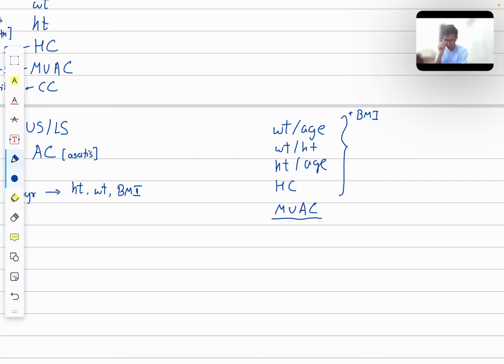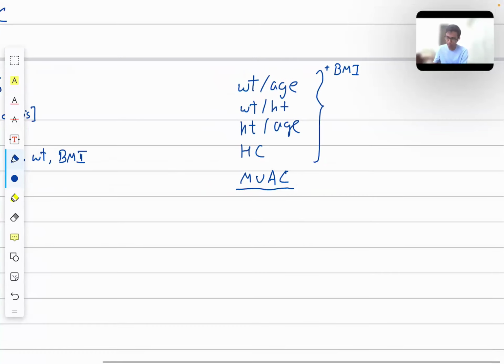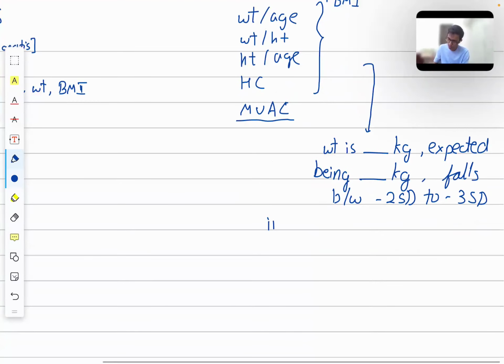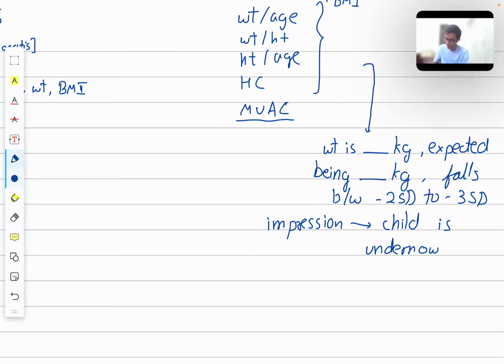And when you present your findings, you don't have to read out the whole table. You have to present it as: weight is dash kgs, expected being dash kg, and the observed value falls between -2 standard deviation to -3 standard deviation, and then mention what is your impression, whether the child is undernourished, whether he is severely stunted, whether he is wasted, whether it is a SAM child.